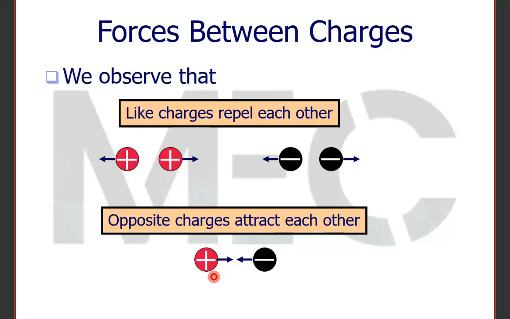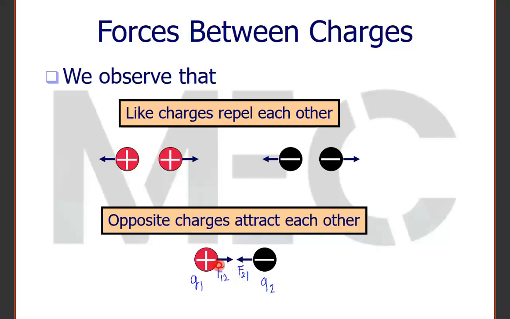For example, if this is charge 1 and this is charge 2, this is the force applied to charge 1 because of charge 2, and this is the force applied to charge 2 because of charge 1. F12 and F21 are action and reaction forces.